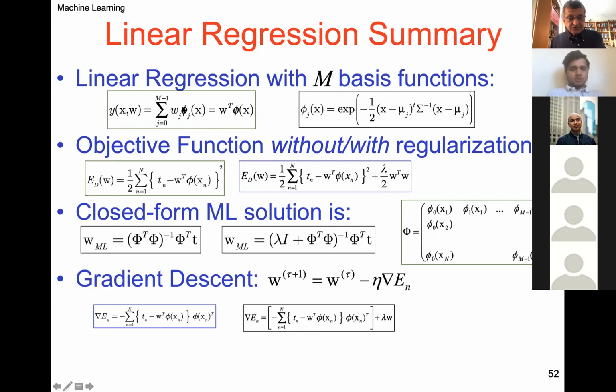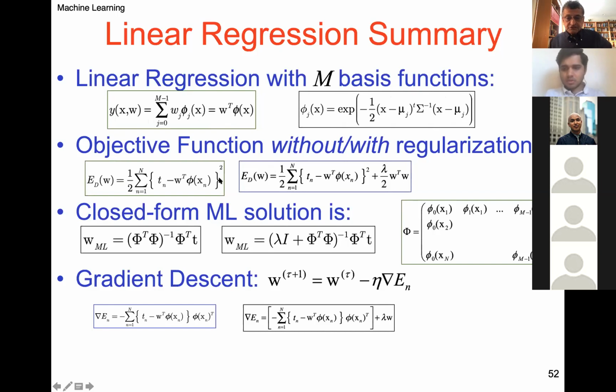These are the basis functions. So I can write it as w transpose phi of x, where you have m basis functions. An example of phi j of x could be a Gaussian basis function, very much like a multivariate normal distribution.